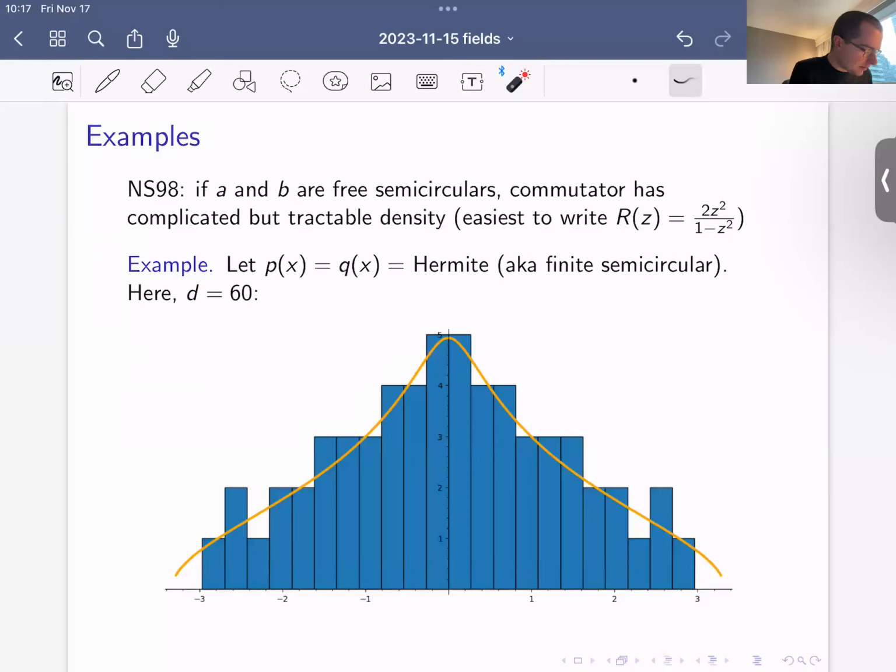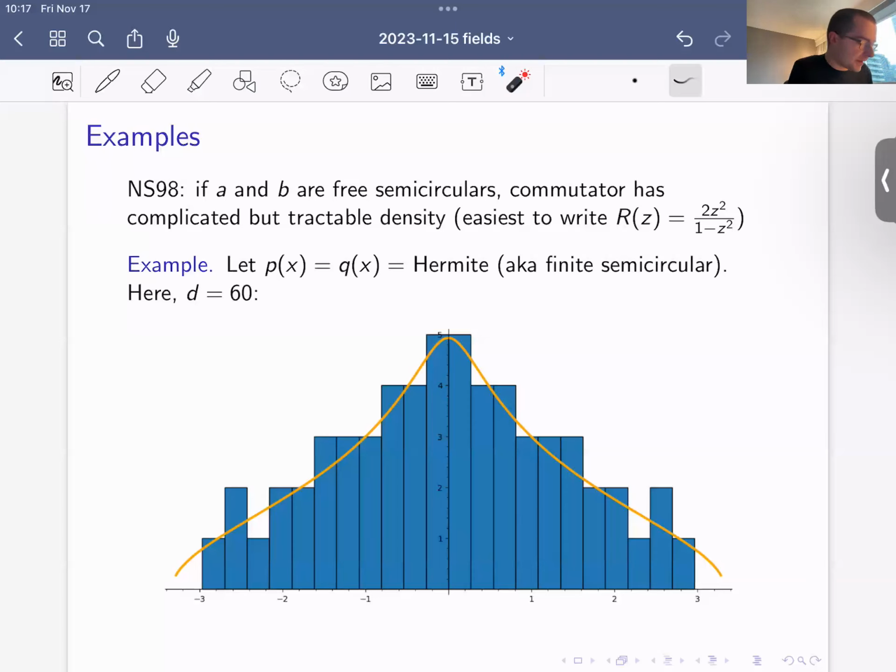taking two Hermite polynomials. So these are known to be the finite free version of the semicircle distribution. This is known from papers by Marcus and by Arizmendi and Perales.